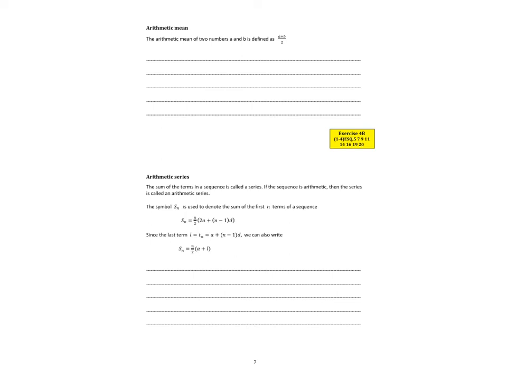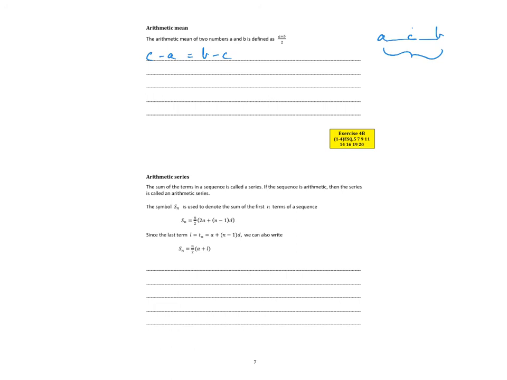Okay, so if we have a, c and b as consecutive numbers, then the difference between c and a is equal to the difference between b and c. Yeah.